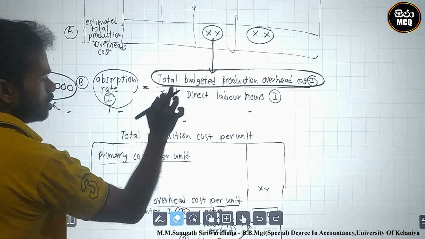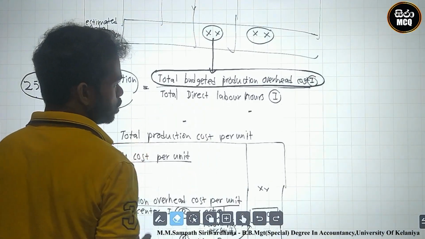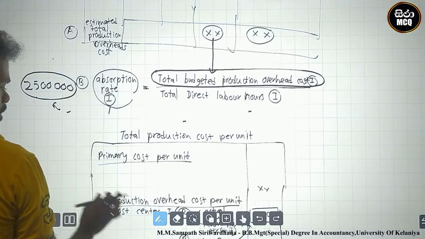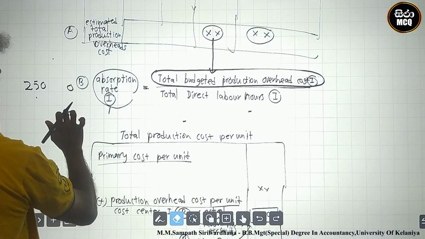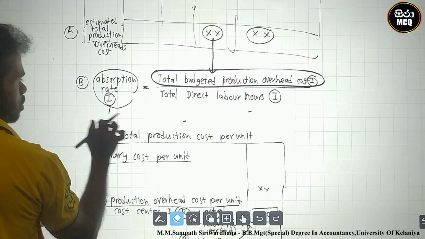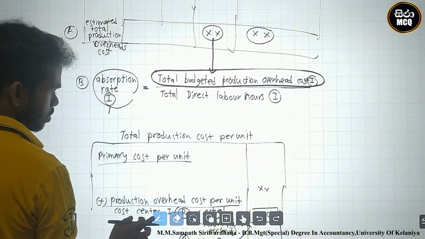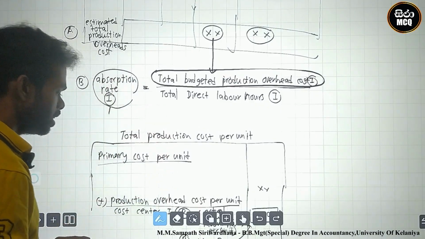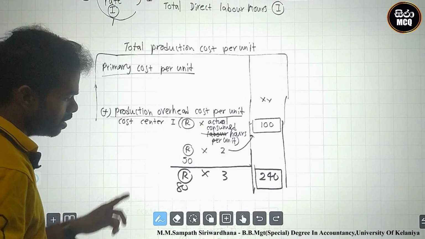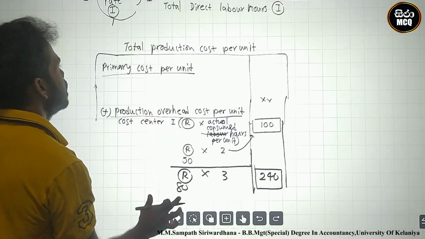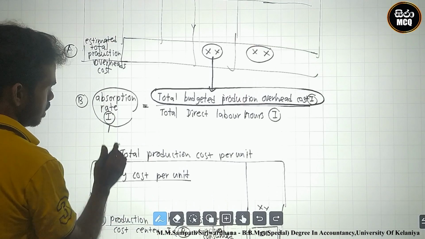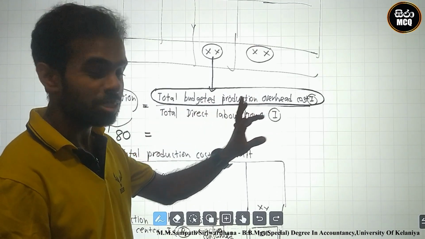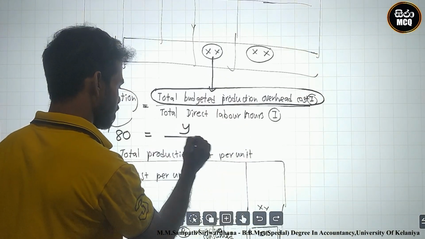This is the total budgeted production overhead we must find. We already identified the absorption rate of cost center 2 as 80. We want the total budgeted production overhead. I use Y, which we must find.